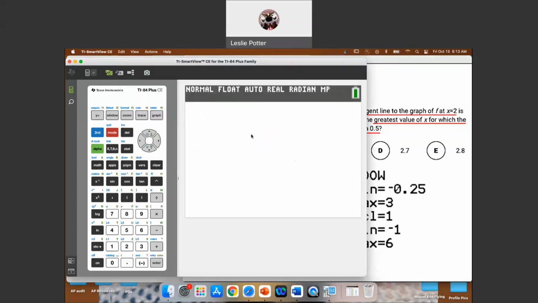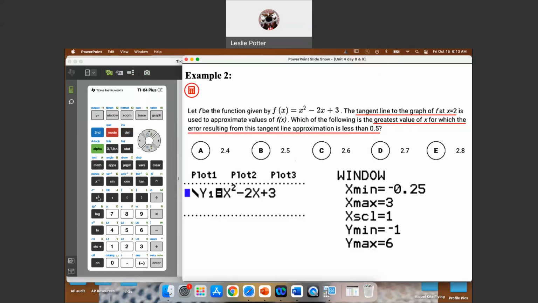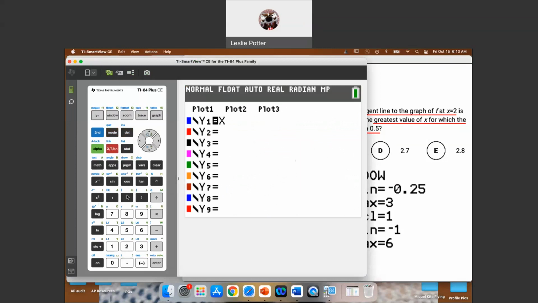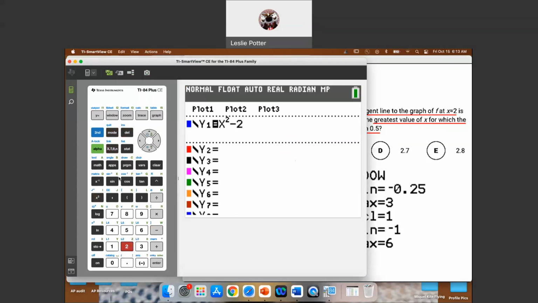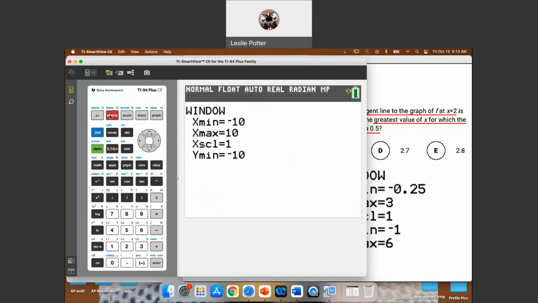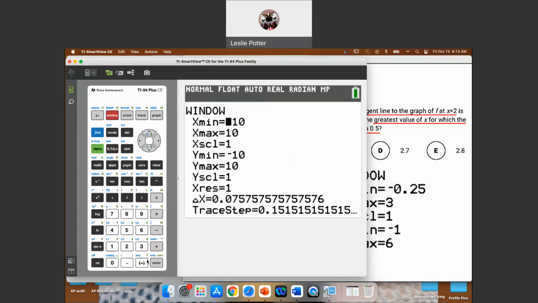So we've got x squared minus 2x plus 3. And we've got a window of negative 0.25. We've got 2 decimal points in there. Hold on, there we go.